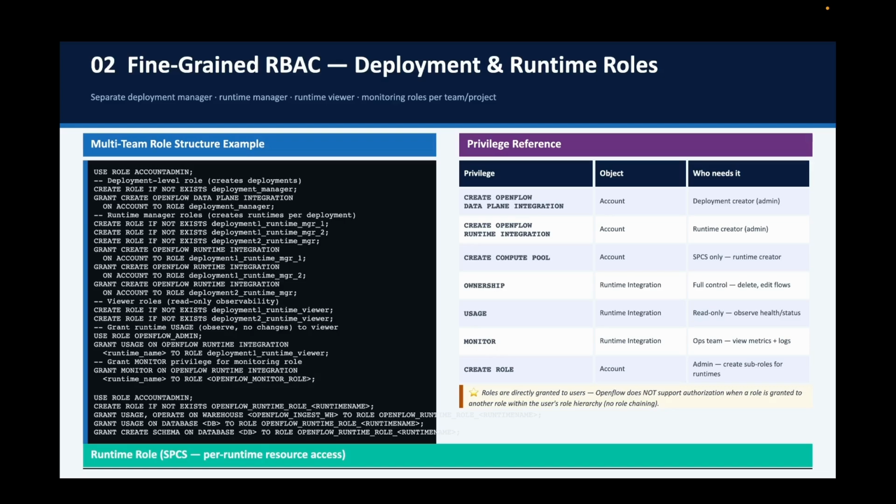In this particular slide, I am going over a role for managing the deployment, roles to manage the runtimes or create the runtimes, the role to just do monitoring of the runtimes, and there are roles that will just have usage on runtime.